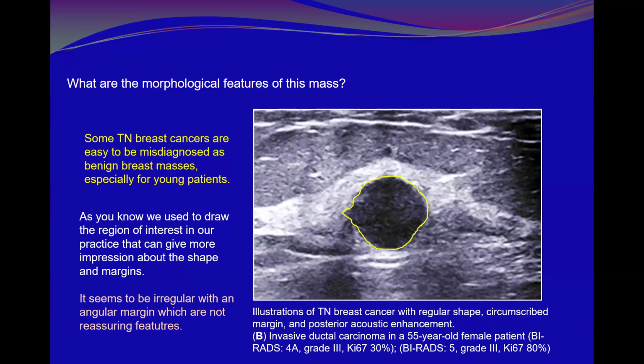When I draw the region of interest, look at this angular margin. It has an angular margin, so it is not a regular shape. Now the features fit with cancer. Some triple negative breast cancers are easily misdiagnosed as benign breast masses, especially in young patients.